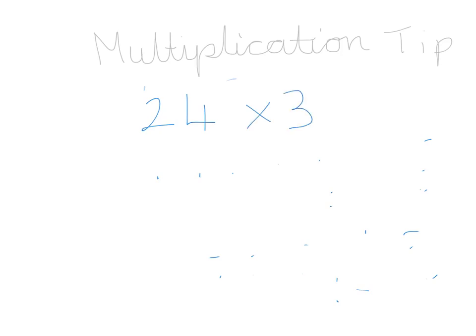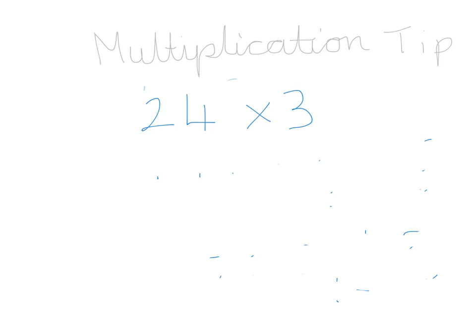Okay, and this time I could half and double, but this time I'm going to divide one side by 3. So I'm going to divide 24 by 3. Therefore, I will have to times the 3 by 3, because I have to do the opposite operation to each side. So if I divide this by 3, I have to multiply that by 3.